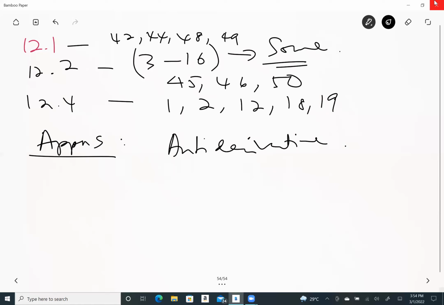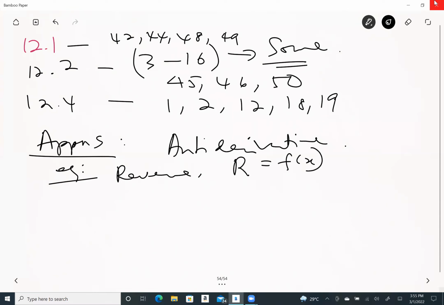For applications, I'll give you an example. Let's say revenue, all right? Revenue R, okay, equal to f of x. Now, what is the derivative of R?